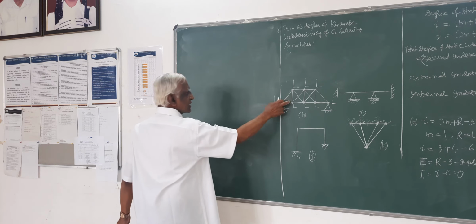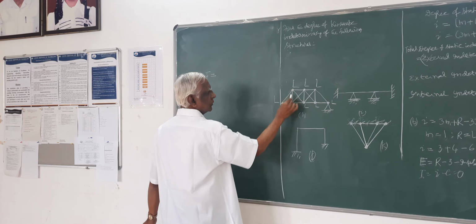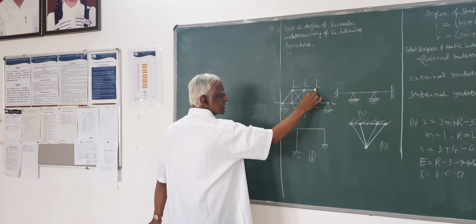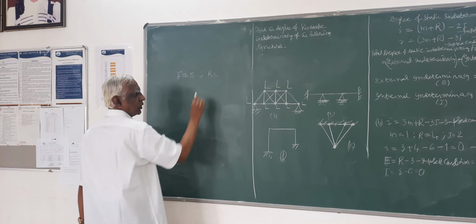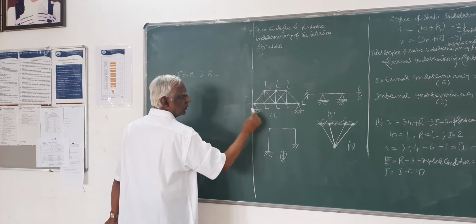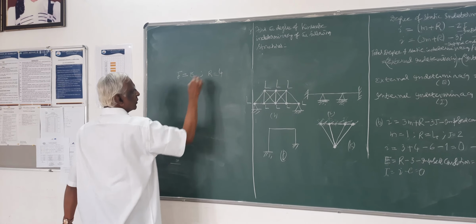Now in this truss, the number of joints is 1, 2, 3, 4, 5, 6, 7, 8. So J is equal to 8. Support reactions: here 2, here 2, so R is equal to 4.